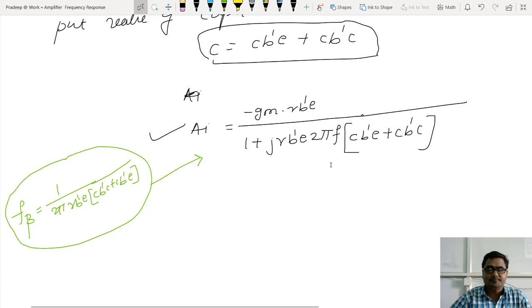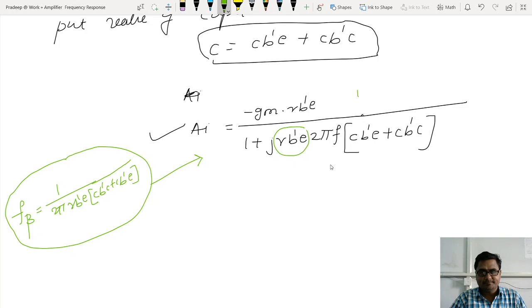Okay, let me scroll it down. It is 1 divided by R B dash E. 2 pi is also there. Then look at this, C B dash E plus C B dash C. See, everything is there. It means now f beta is there in the equation of AI.